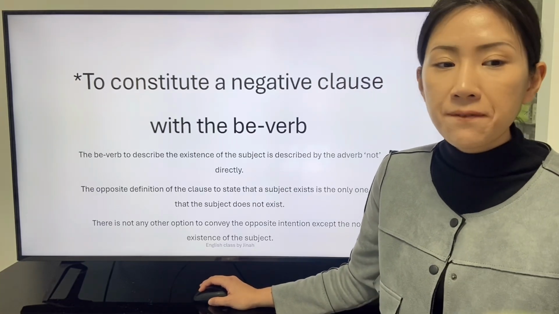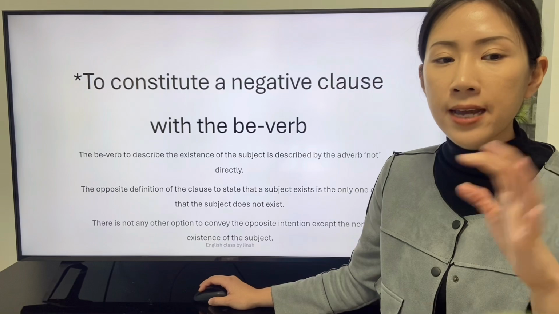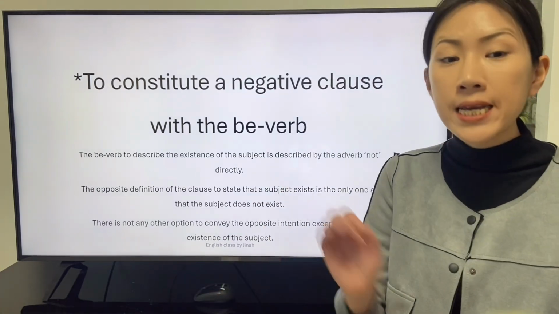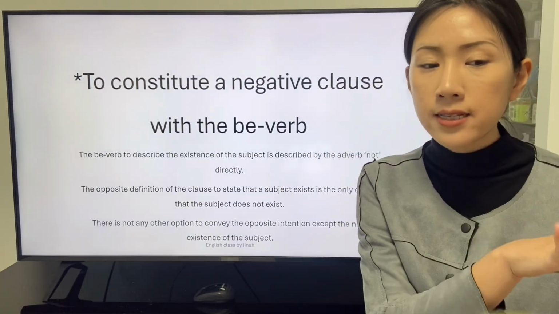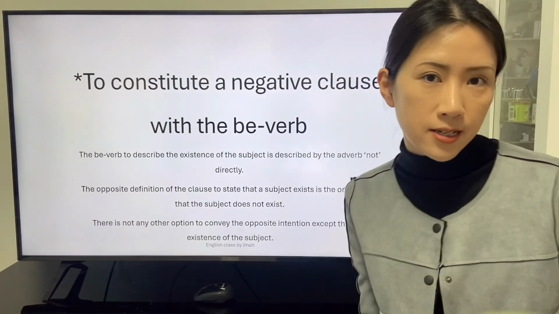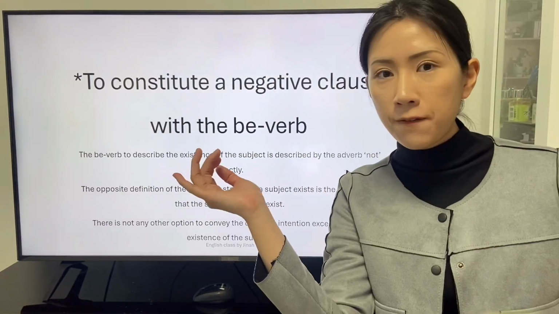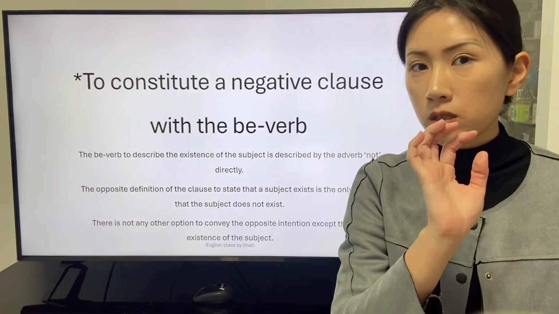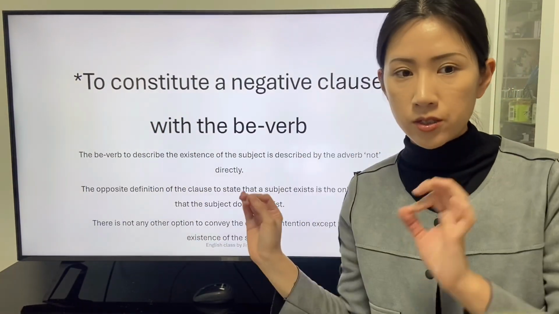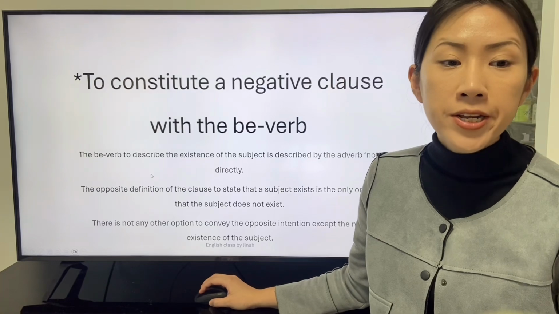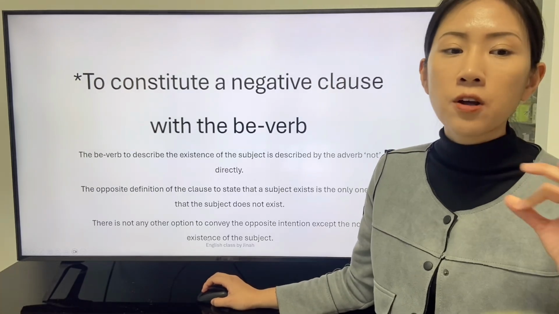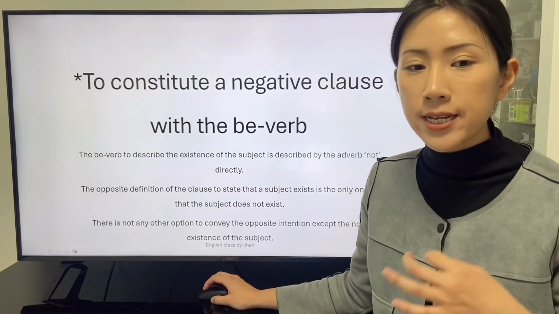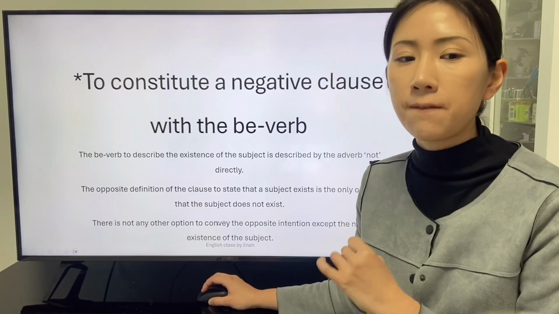The opposite definition of a clause stating that a subject exists is only one: that the subject does not exist. The opposite definition of the existence is only one, the non-existence. There is not any other option to convey the opposite intention except the non-existence of the subject.